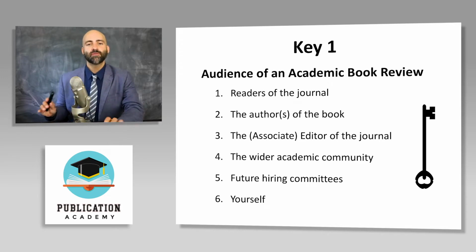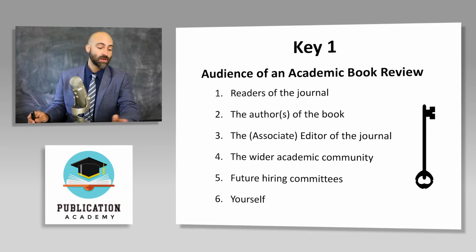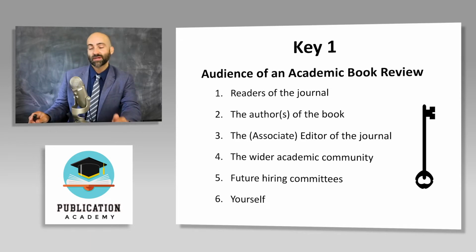And there are a few audiences that are going to read and use your academic book review in a few different ways. Number one, your academic book review will be published in a journal. It will be in a journal in your field. It might be a major journal, it might be a minor journal, it might be somewhere in between, but that journal has readers.